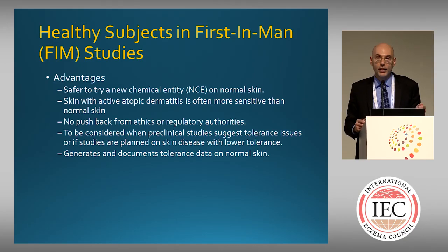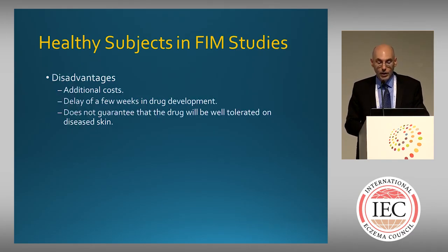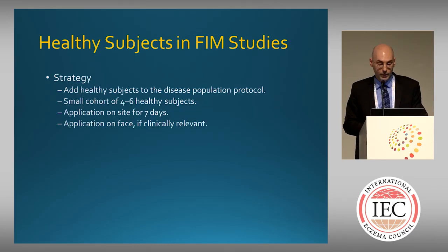The main advantage I see is you can document that it's well tolerated or not on normal skin. If you have a small cohort of healthy volunteers, we would be able to see if it does burn or not on normal people, normal skin. Disadvantages: slightly more costly for drug development, and delays of a few weeks. Obviously, it doesn't guarantee that if it's well tolerated on normal skin, it will be tolerated on atopic dermatitis skin.